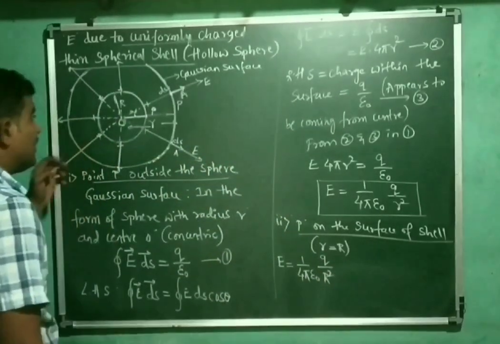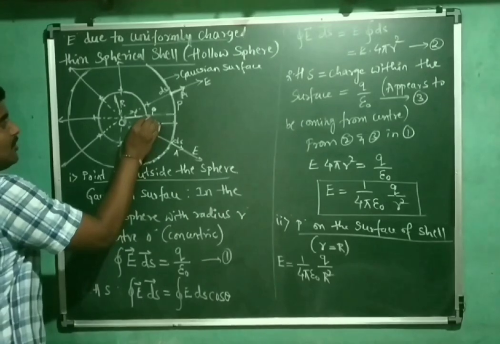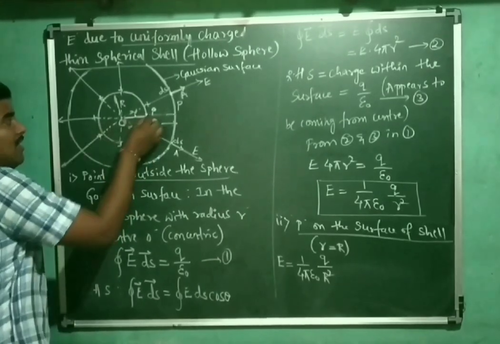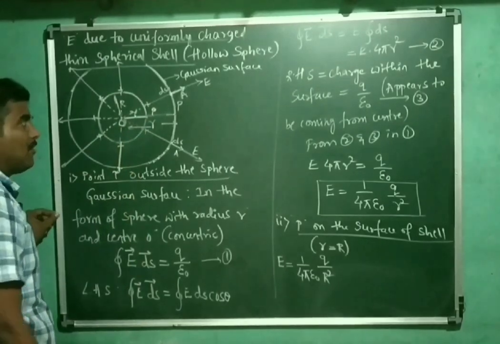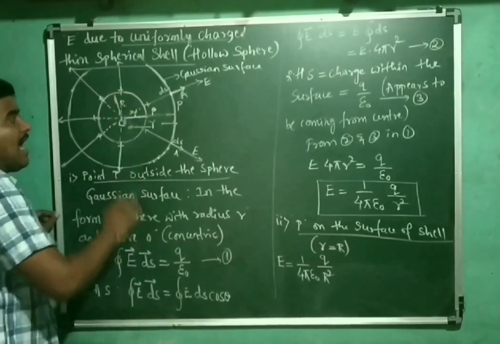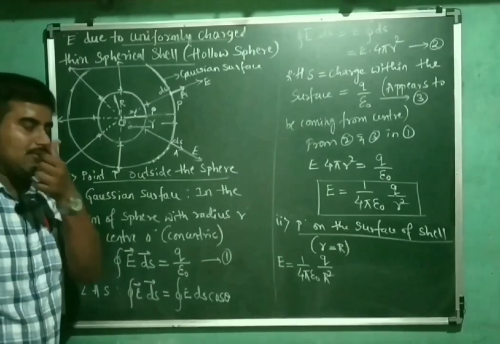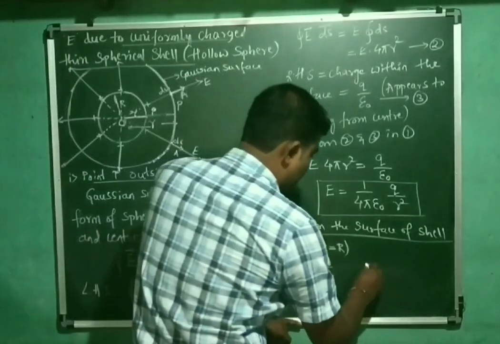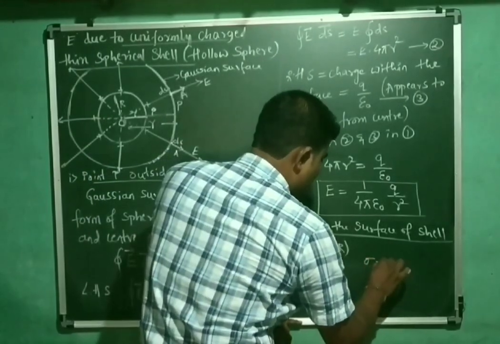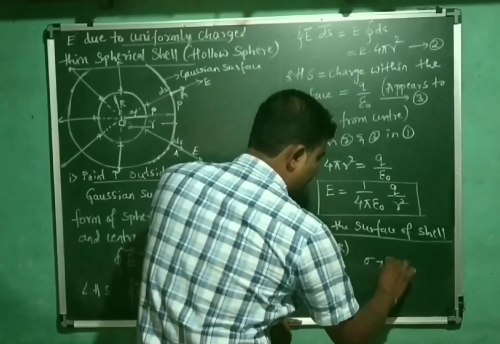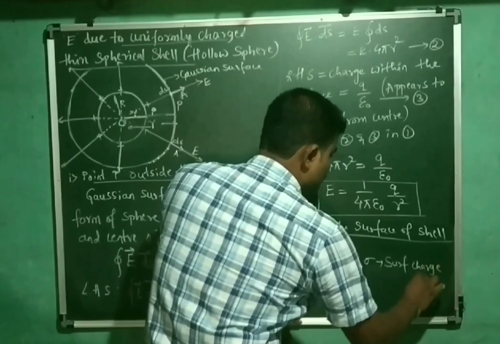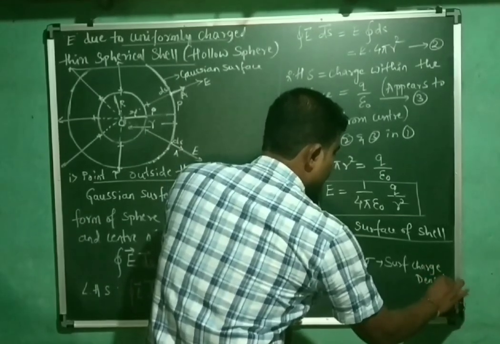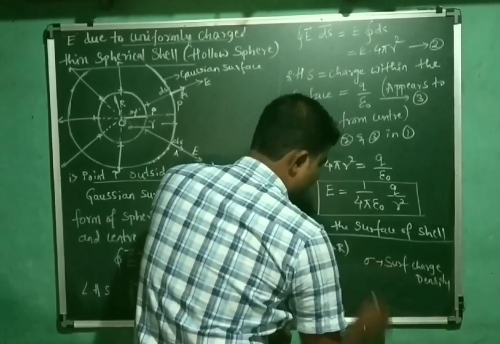If I consider point P on the surface of the shell, so many charges are located on the outer surface of the shell. And for a surface charge distribution we have defined one term, and that term is sigma. What is sigma? It is the surface charge density.